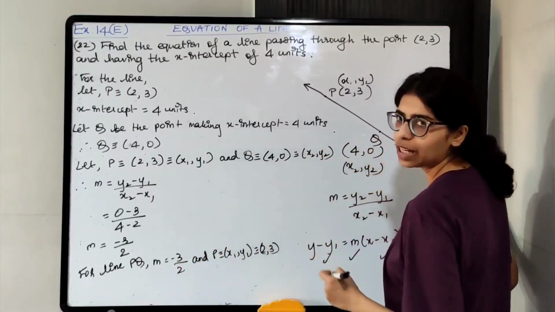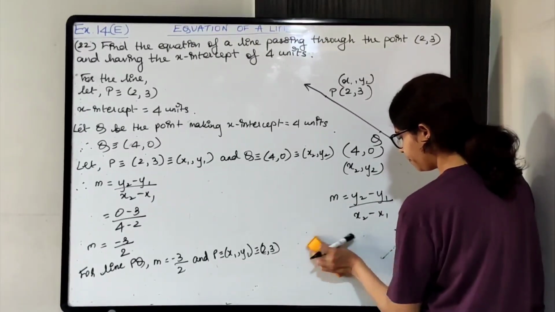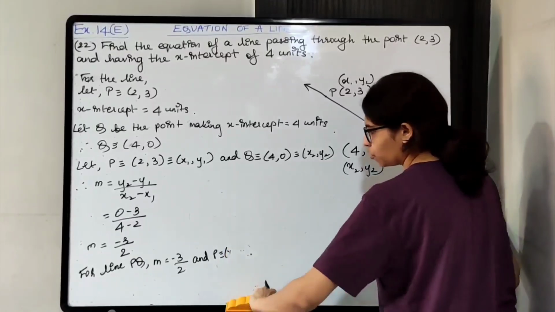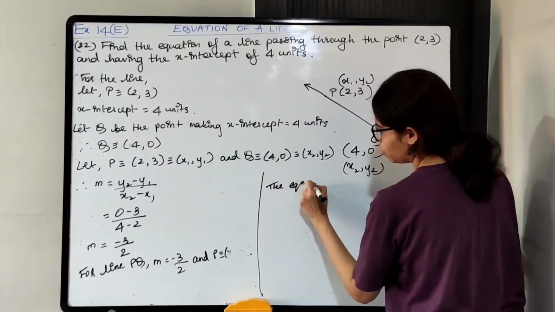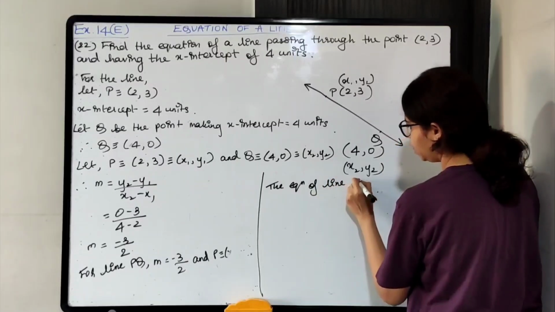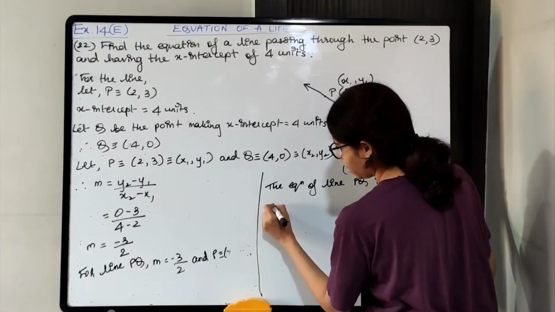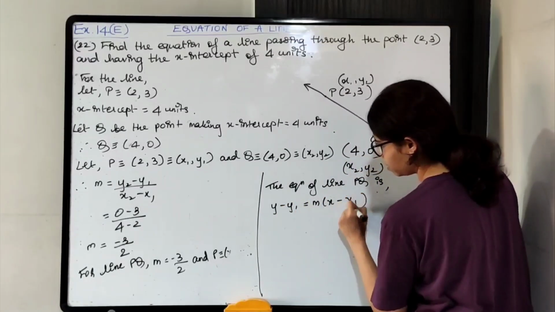So for the equation of the line we'll frame it using this formula. The equation of line PQ is y minus y1 equals m into x minus x1.